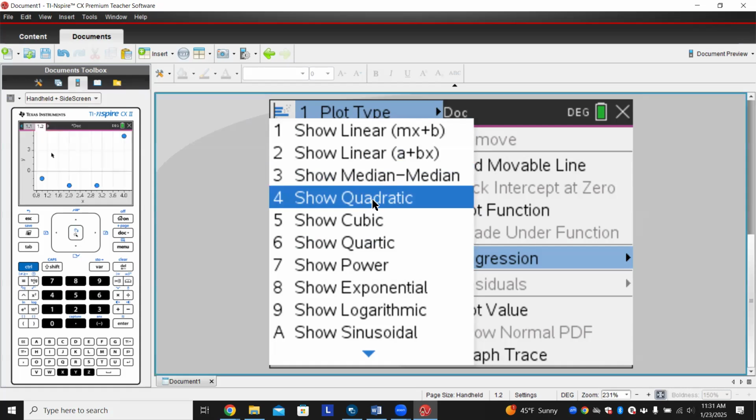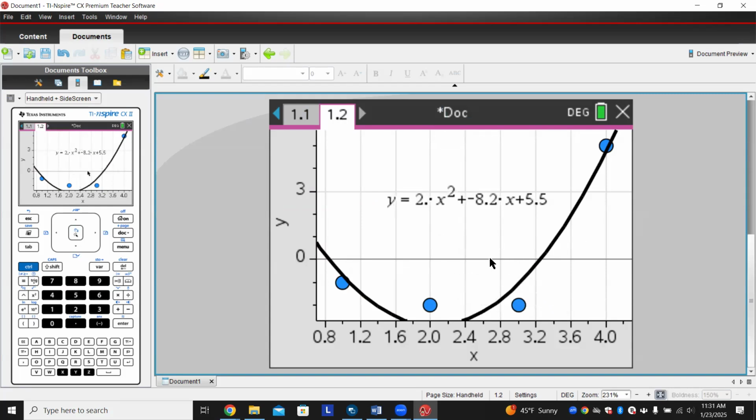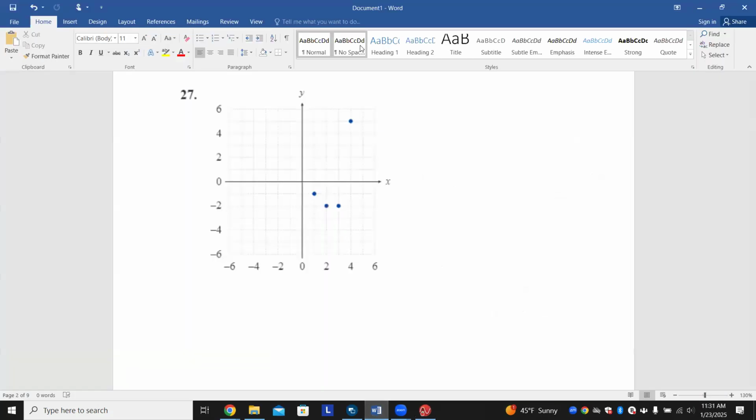All right, so I'm going to show quadratic, and then there you go. So it gives you a quadratic. You can actually move that over so you can see it better. So that's going to be, let me write that down. So I'll have to keep going back and forth. All right, so I'm going to bounce back to here. Are we still screen sharing?